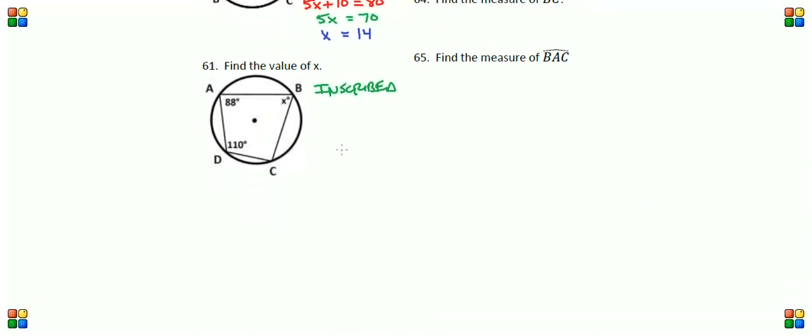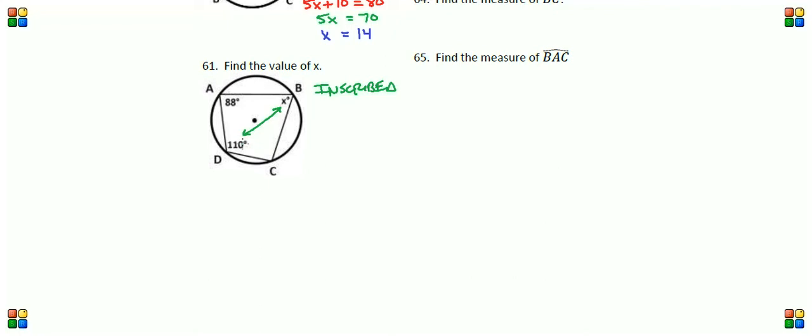Now, we learned a property of an inscribed quadrilateral, or a polygon with 4 sides, inscribed or drawn inside of a circle. And we learned that the opposite angles of a quadrilateral that is inscribed in a circle must always add up to 180 degrees.